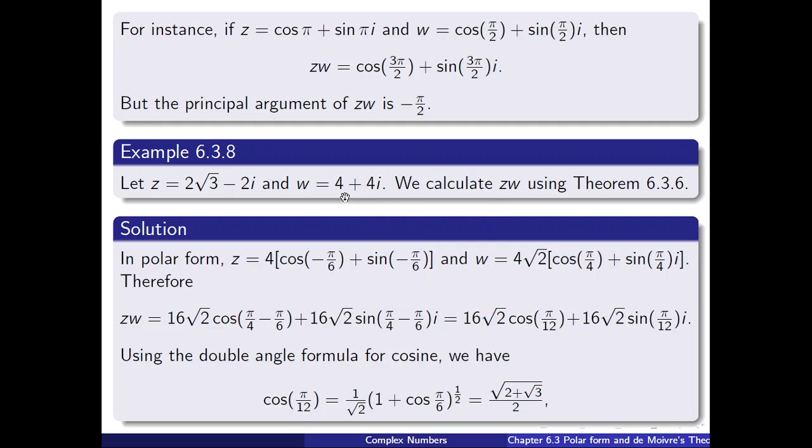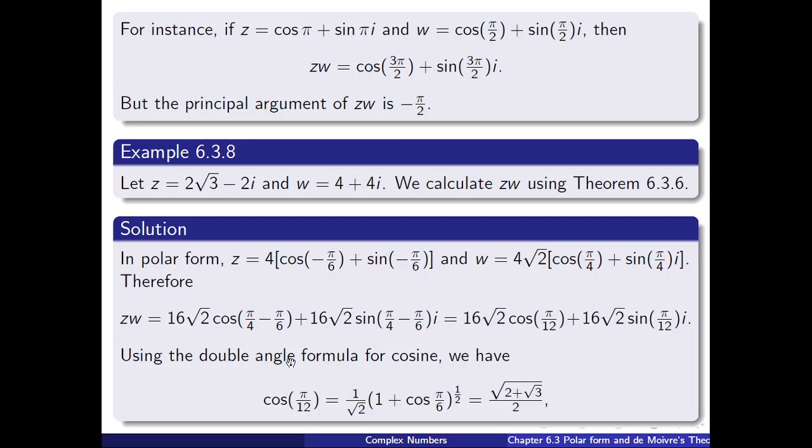Again, if you find the r and the argument for w, you get that. So zw becomes, you multiply the r's here, and then you add the angles, and you get pi over 4 minus pi over 6, and it ends up looking like that.